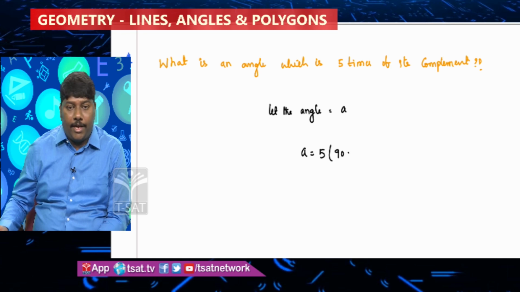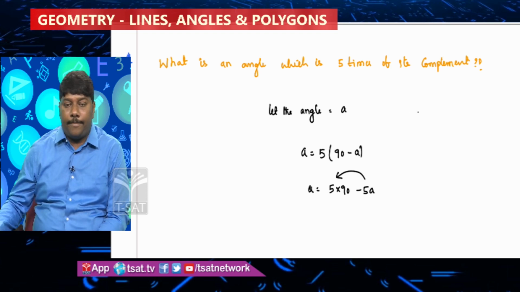The complement of A is 90 minus A. A is equal to 5 into 90, don't multiply it, minus 5A. If minus 5A goes this side, it becomes 6A. 6A is equal to 5 into 90. A is equal to, 6 ones are 15. Therefore, the angle that we are looking for is 75 degrees.